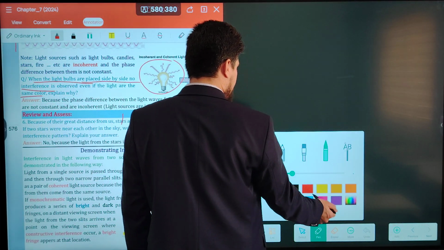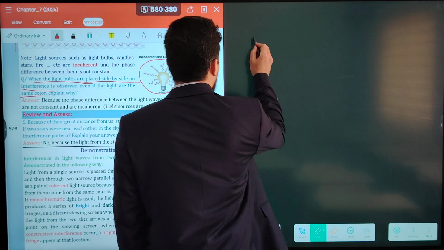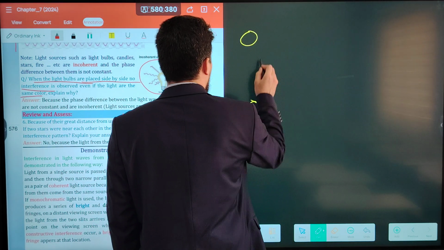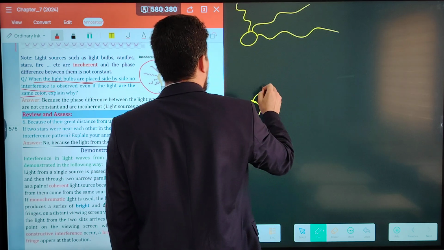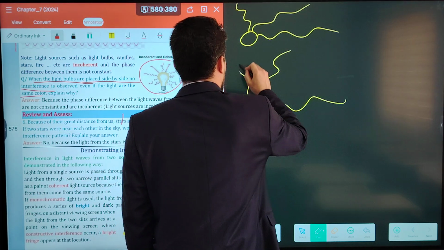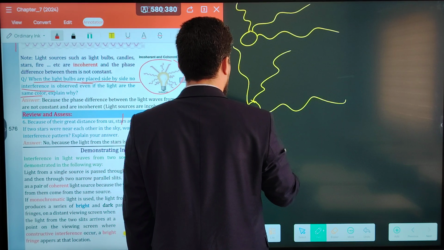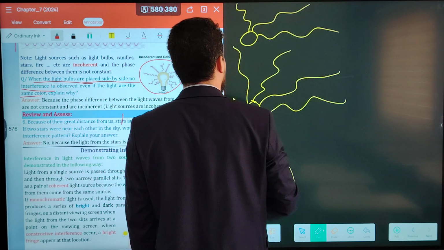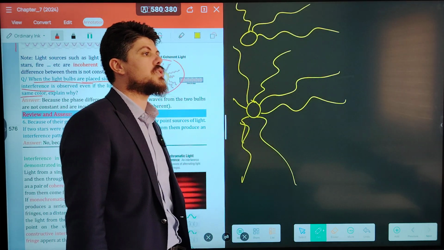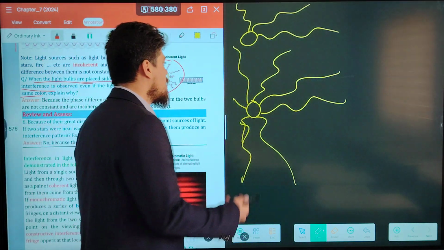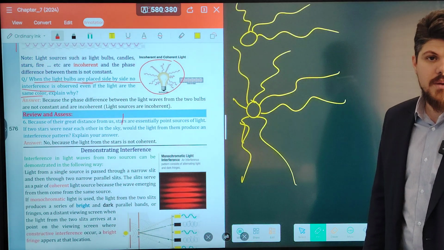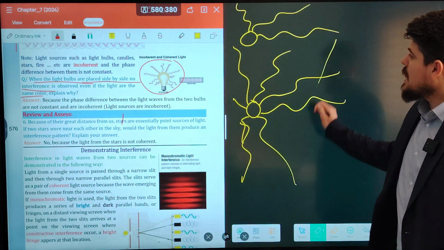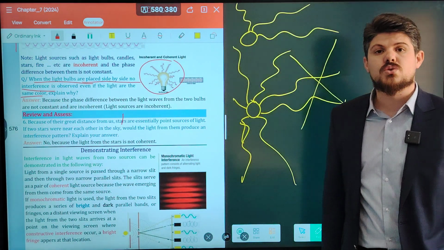Okay? Like for example, if you have two yellow lights, okay, this is the wavelength. It doesn't necessarily mean every two colors interfere with each other. No. In this case, we have two sources with the same color, same wavelength, but we don't have interference of these two lights.